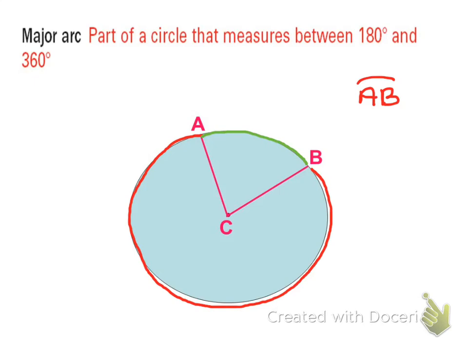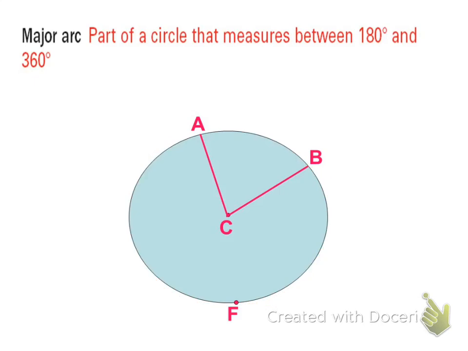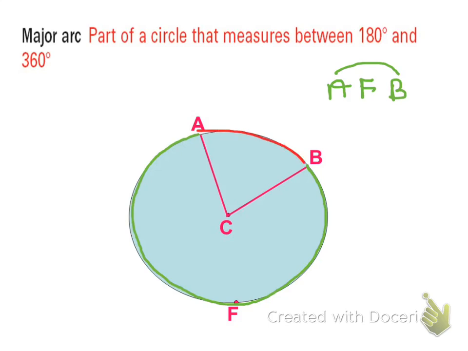So how can we name the other side of the circle? Well, to name the other side of a circle, what we need is another point on the circle, and then use three letters to name that arc. So if we want to name this arc the major arc, the arc more than 180 degrees, we would need its beginning point and its ending point, and then one other point in between to tell us what direction to go, so that we know not to go just straight from A to B. That would be the minor arc AB.